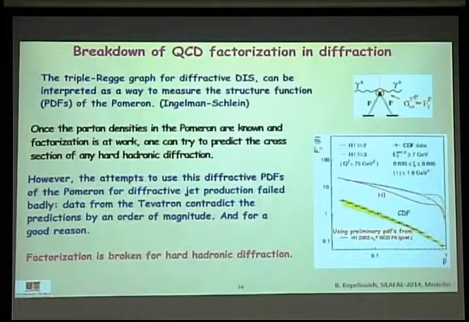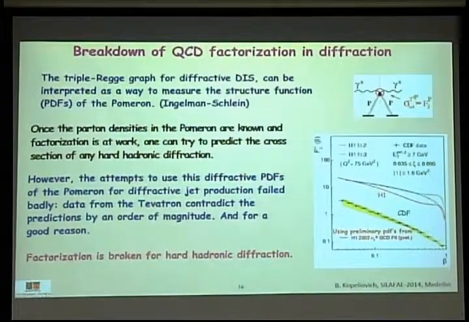Of course, one should understand that this is oversimplified because Pomeron is just a name. It's not a particle like a proton. It's a quite complicated gluonic exchange, which we still don't understand sufficiently. However, it's an assumption which looks nice.